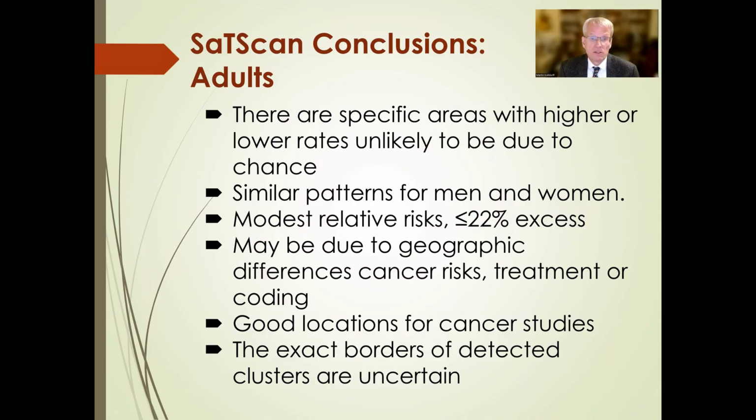And these areas might be good locations for further cancer studies, whether it's etiology or treatment for brain cancer. It's important to realize that the exact borders of the detected clusters are uncertain. We know the general area, but not what the exact borders are.